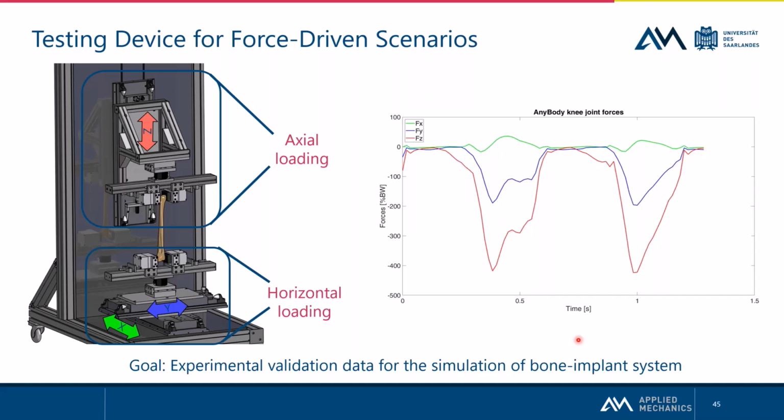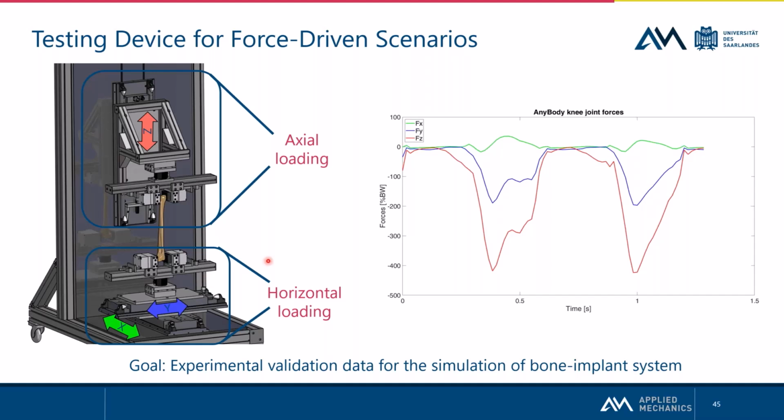We are also using, again, our clamping system, where we clamp our specimen, and we're also using our 6 force sensors to measure the upcoming forces and moments.